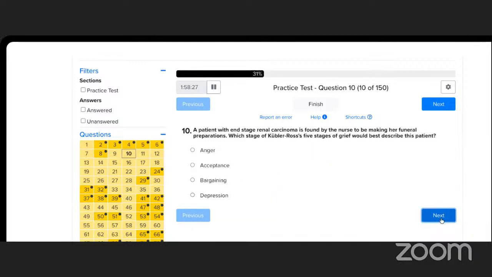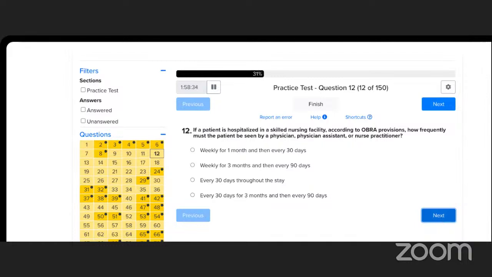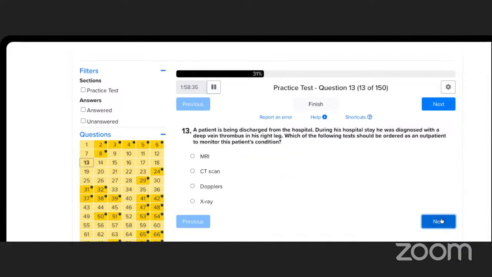Okay, so I'm gonna write the questions that I'm answering. I'm just gonna go through certain questions that I think you should know, and then we can go over the answers and rationale.